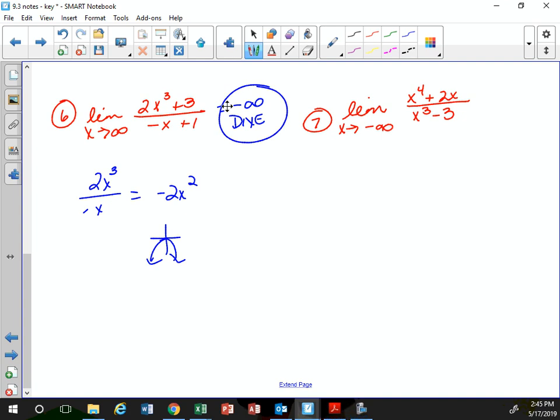What does it say? Negative infinity DNE. Oh, did it? Okay. All right, number 7, top heavy again, right? Just gonna keep graphing. That's what that one looks like, right?